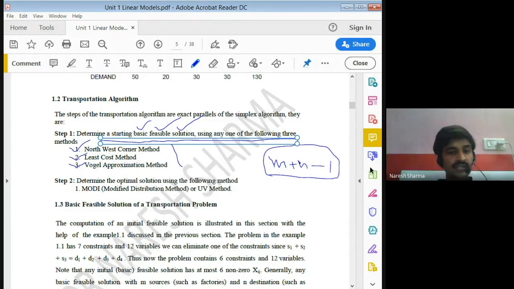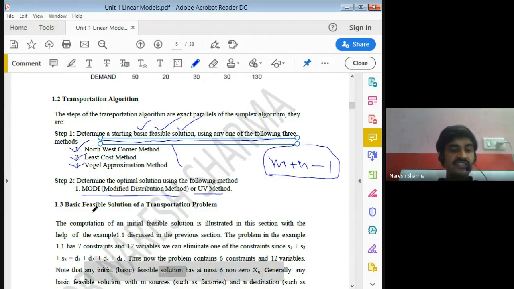Once you get your basic feasible solution, you need to optimize it. Optimize means we find the optimal solution, the one with minimum cost. For that we can use the MODI method, whose full form is modified distribution method. It is also called the UV method.